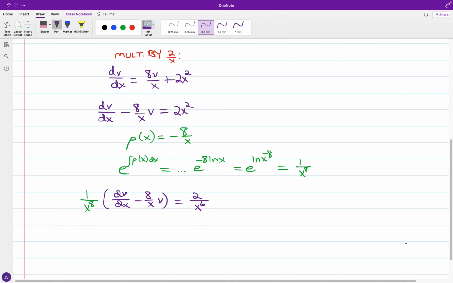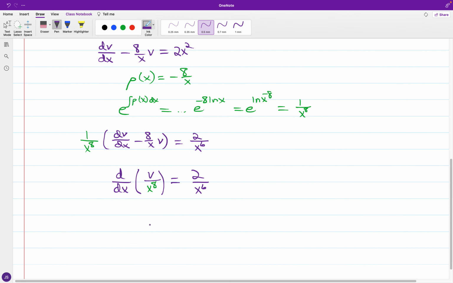For the left hand side, I'm going to have the derivative in x of the integrating factor times the dependent variable. So I'm looking at v all over x to the 8th is equal to 2 all over x to the 6th.